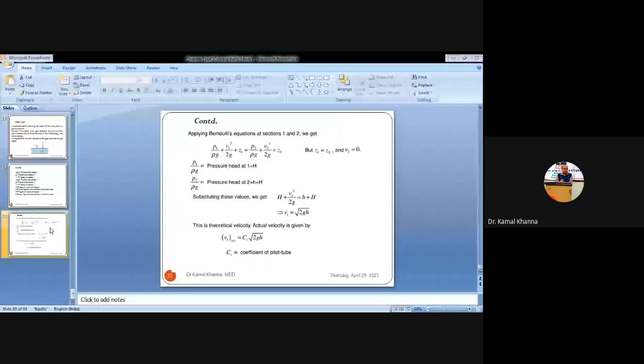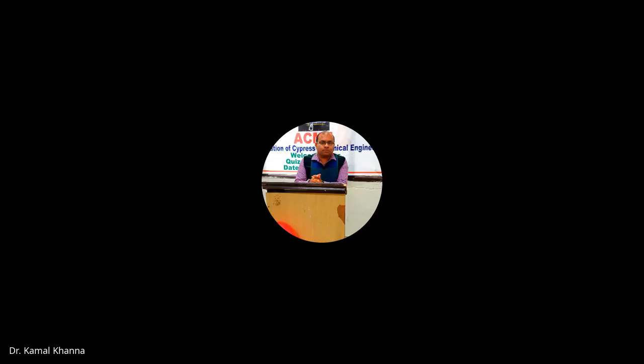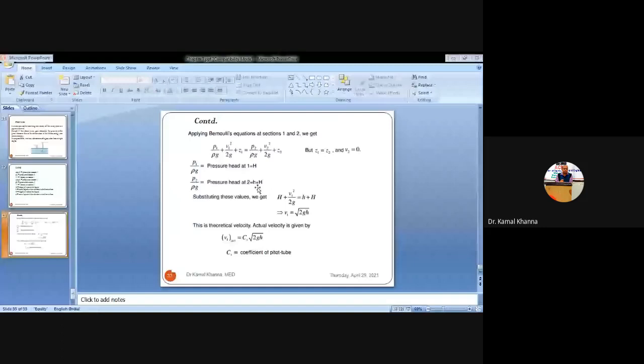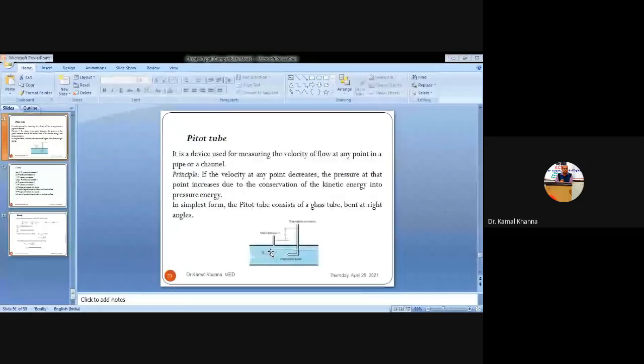So at the first point the pressure head is capital H only, whereas at the second point, where the whole of the kinetic energy is being converted into pressure energy, the pressure head has risen to the value of h plus capital H. At point 1 the energy was the sum of the pressure energy as well as the kinetic energy, because at point 1 the fluid was flowing with some velocity and it is having some pressure also.